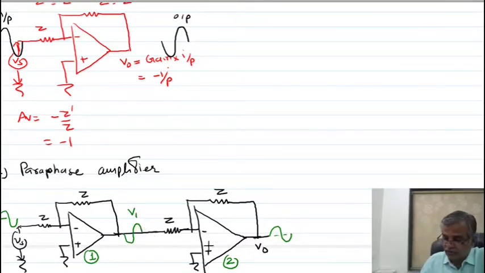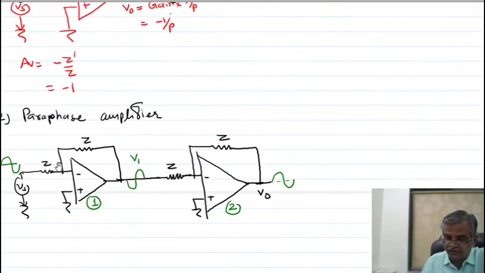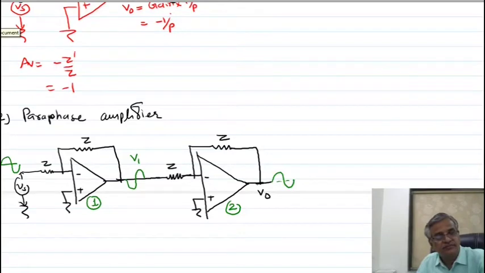So you can obtain two signals having a 180 degree phase shift. Listen, there is a 180 degree phase shift between the output of the first inverter and the output of the second inverter.